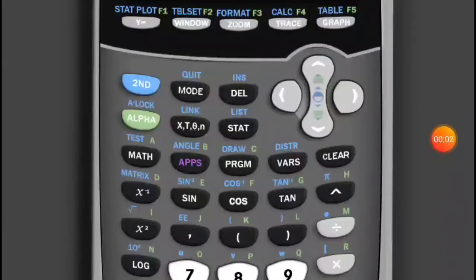So we go to y equals and plug in our function here: 330,000 times 1.024 to the 20 or t power. We're going to use x in the graph.